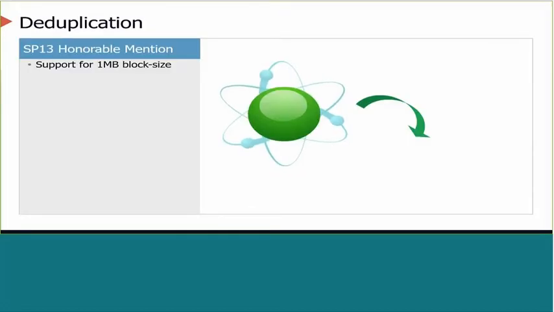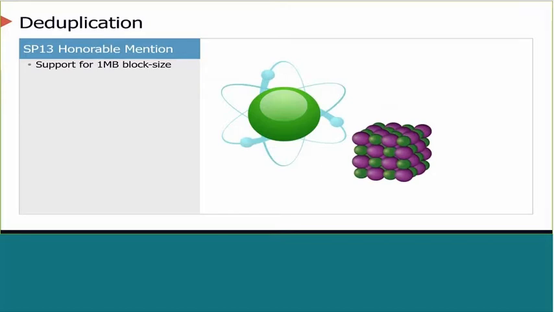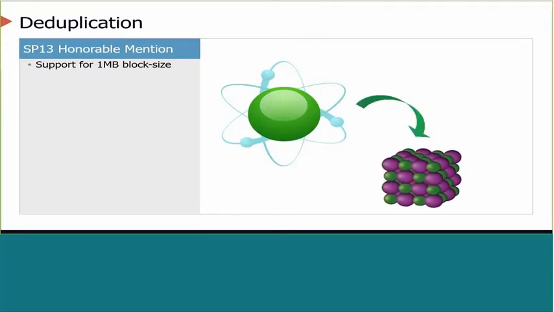All right, something else for Service Pack 13 in the deduplication topic. We have opened up the deduplication block size, which can now go up to 1024, so 1 megabyte in block size. So what is this useful for?